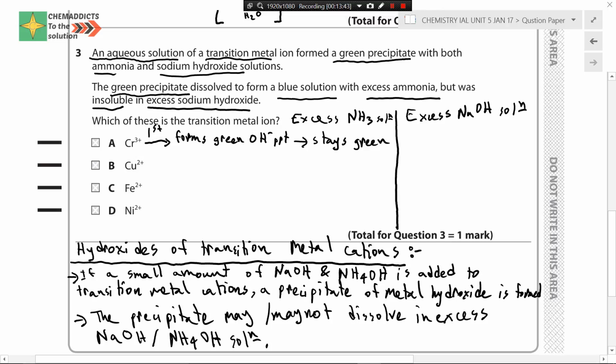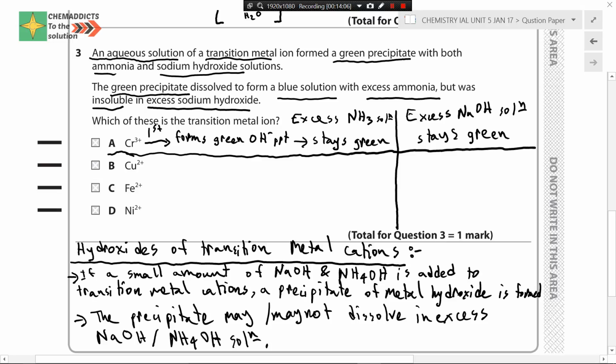On further adding excess ammonia solution, it stays green. On further adding excess sodium hydroxide solution, it stays green. Okay, done with chromium 3 plus ion. We are done, complete.